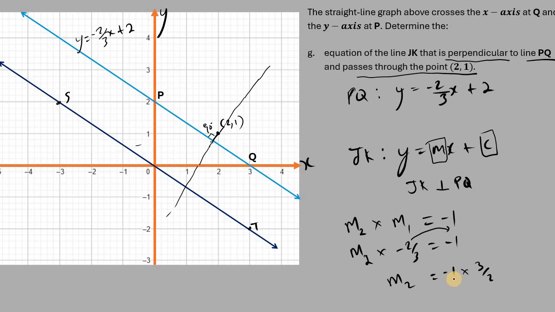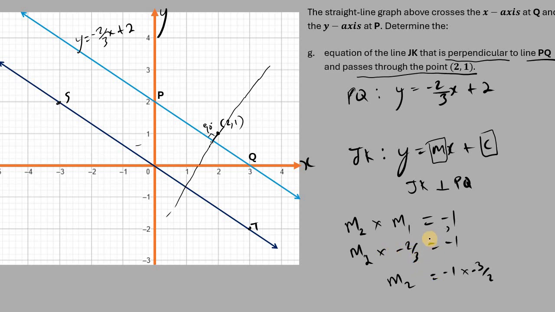So the gradient of PQ is -2/3, and that goes over. If you flip, you don't change the sign, because you're not changing from subtraction to addition. You're using the reciprocal.